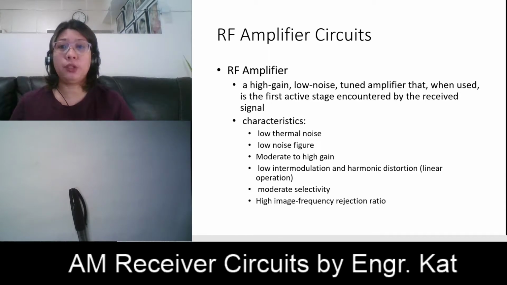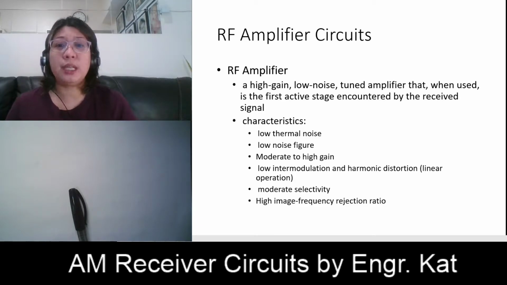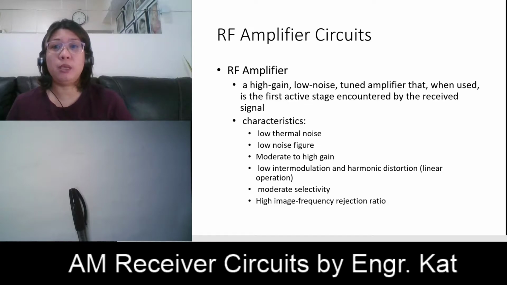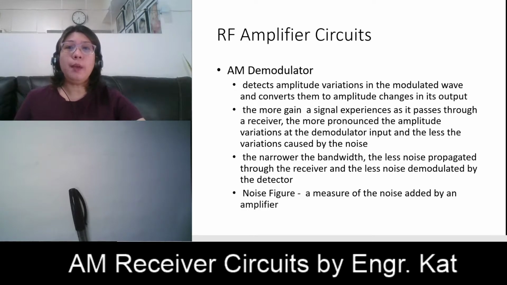We also have moderate to high gain, low intermodulation and harmonic distortion, most particularly if our amplifiers are working in linear operation, moderate selectivity, and high image frequency rejection ratio.